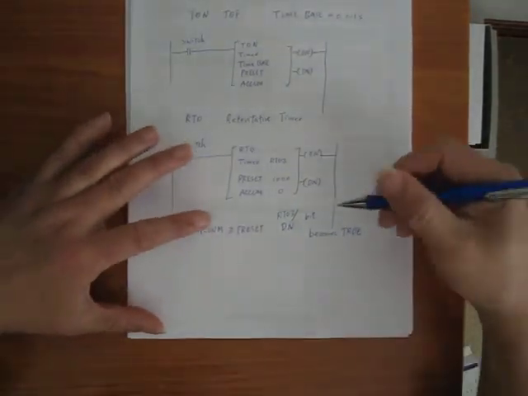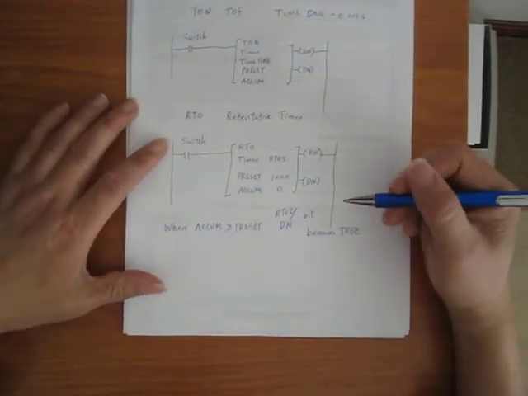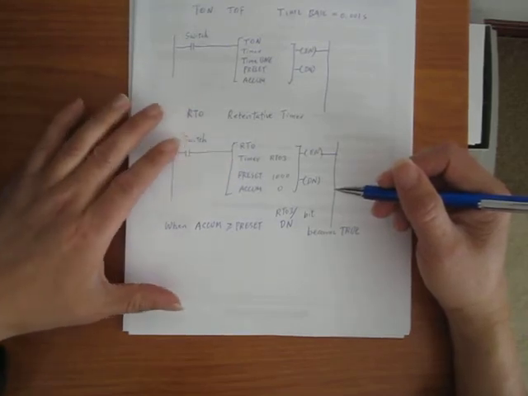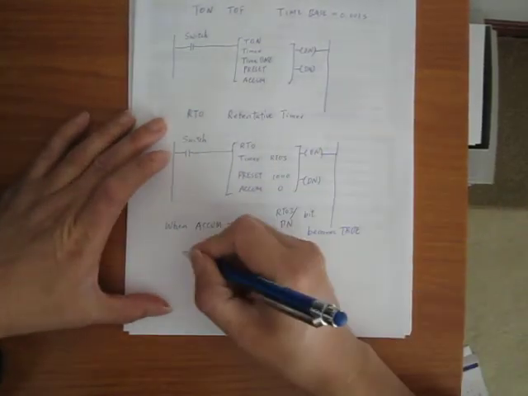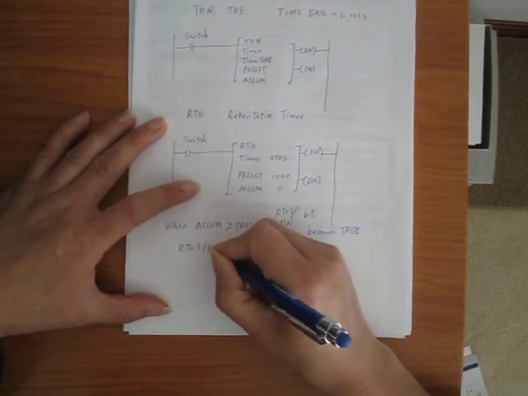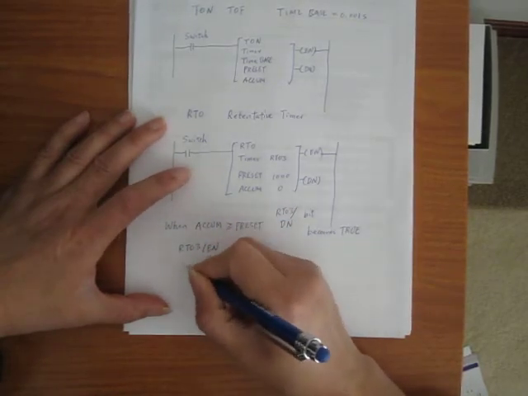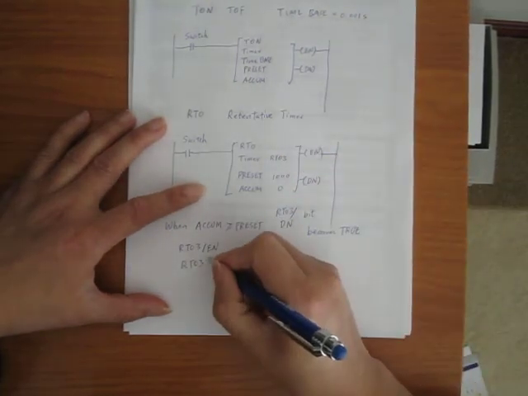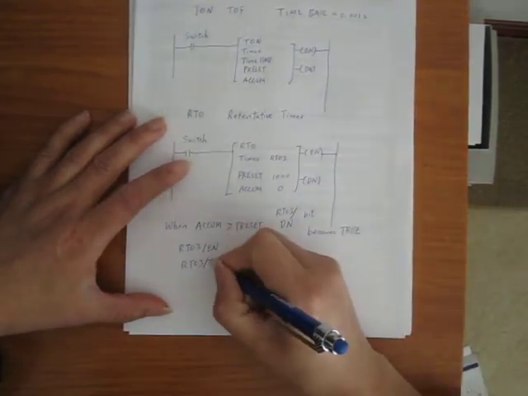TT is the timer-timing bit. I chose the name RTO3, but it can be any name.